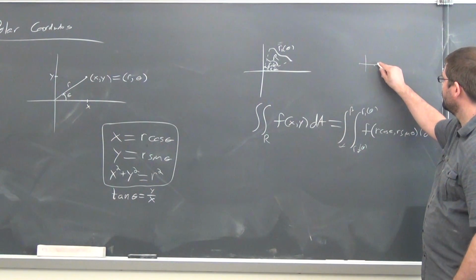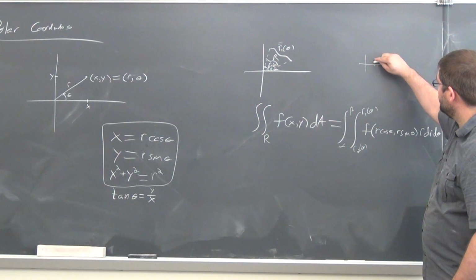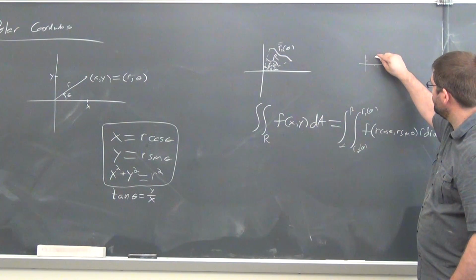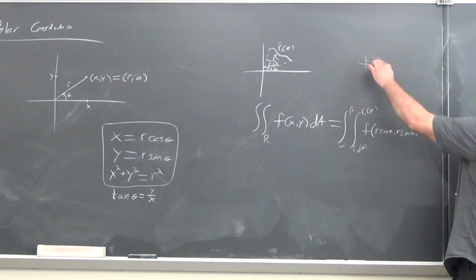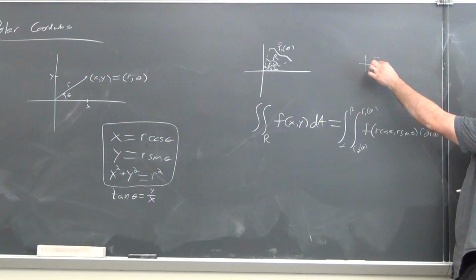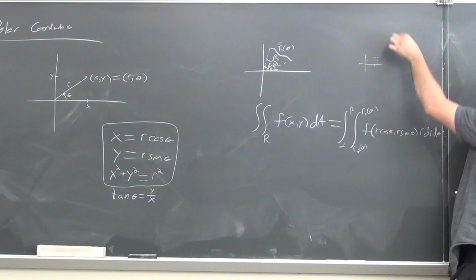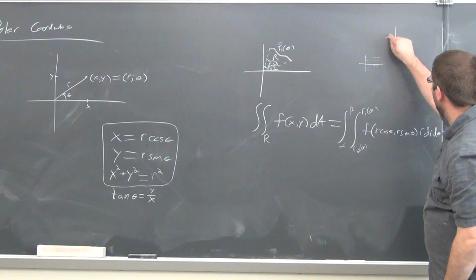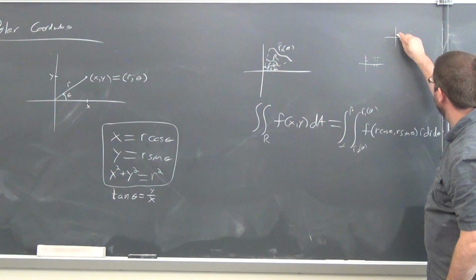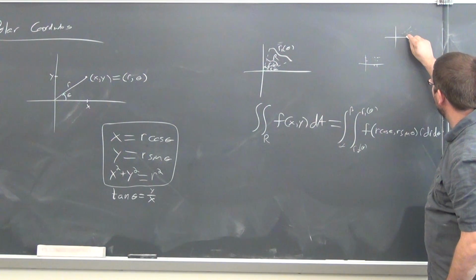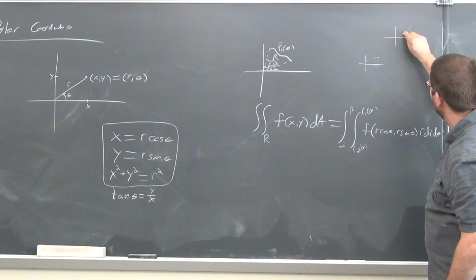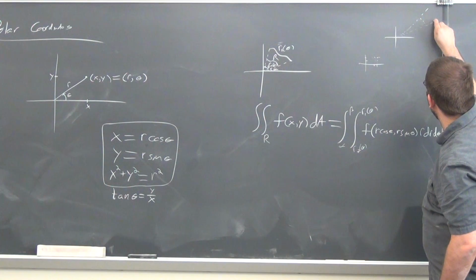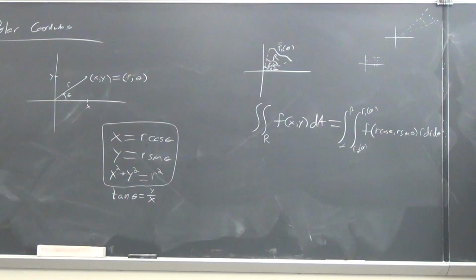Not that it matters that much, but when you talk about dA, you're thinking, okay, if I make a small change in x and a small change in y, I get a small change in this little rectangle, right? And it doesn't matter where I make that change in x or y, you're going to get that same area of a rectangle. But if you make a small change in angle and a small change in radius, you're going to get a very different area when your r is small.